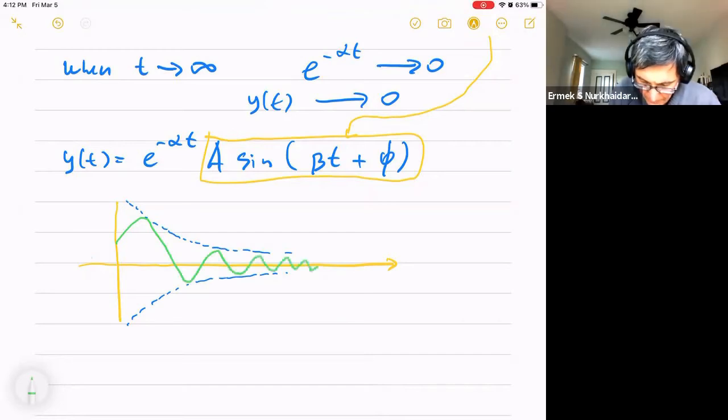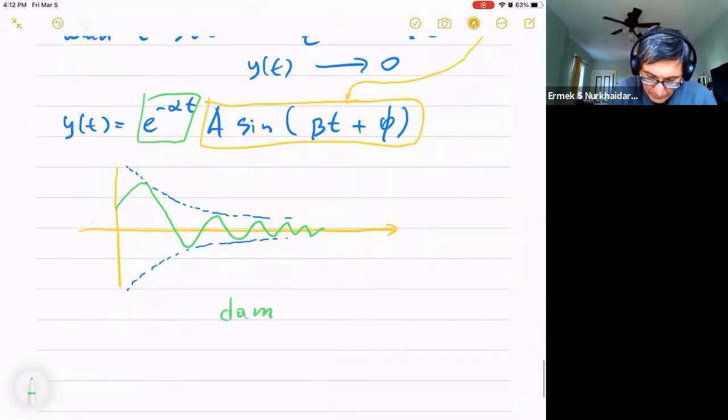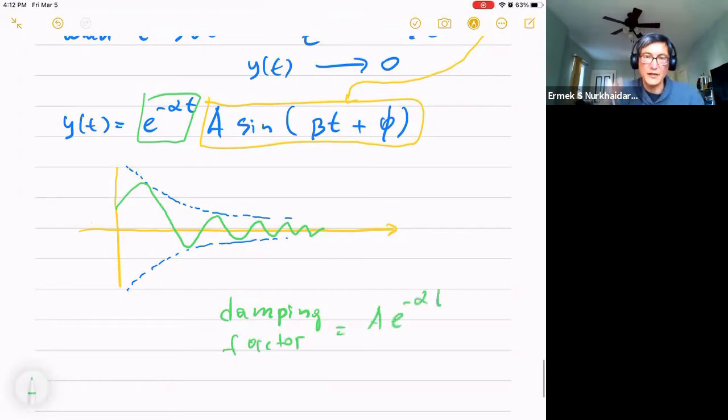It's going to oscillate between those boundaries set by the factor in front, e to the negative alpha t times A. Let's call it the damping factor, A times e to the negative alpha t, because that's the thing which will make the amplitude decrease.